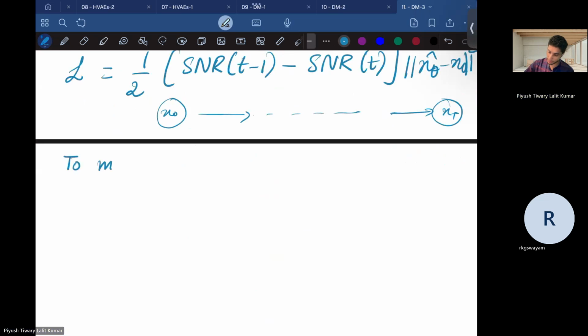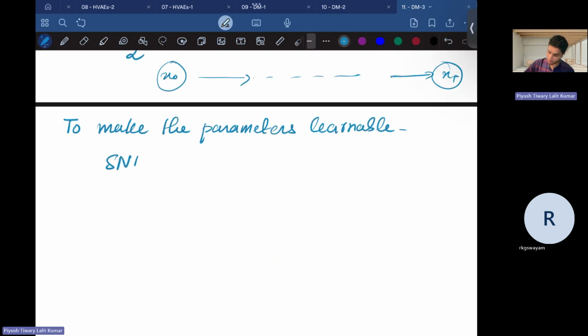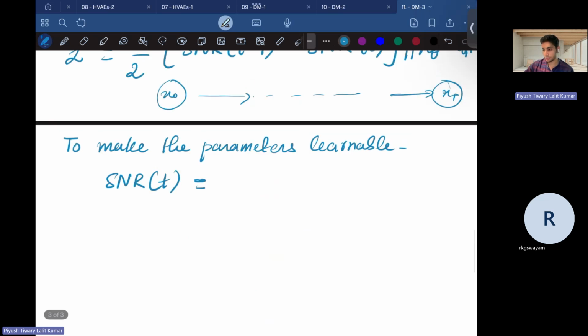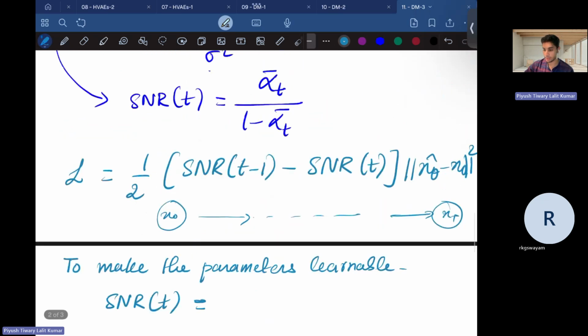To make the parameters learnable, you make your SNR at time t as follows. SNR is always a positive quantity because it is a signal to noise ratio. It cannot be negative.